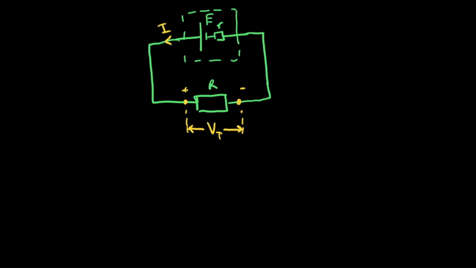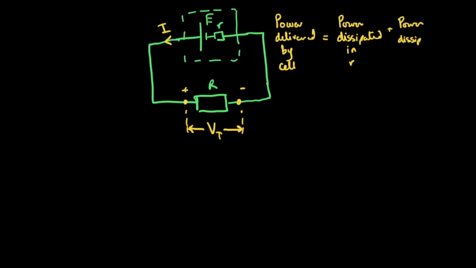Now, assuming no power loss besides the power loss in the internal resistance, no other power loss, I can safely say that the power delivered by the cell must be equal to the power dissipated in small r plus the power dissipated in capital R. Makes perfect sense.